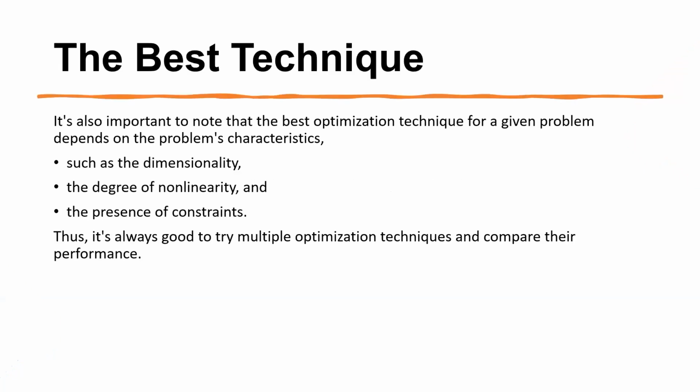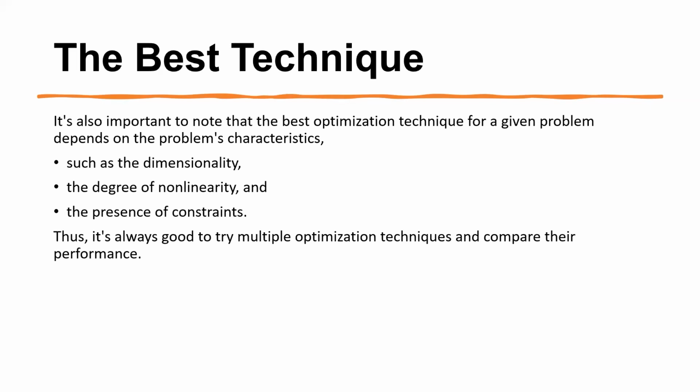So now that I have spoken so much about genetic algorithms and evolutionary algorithms, which is the best technique, or which is the best genetic algorithm? It is important to note that the best optimization technique for a given problem depends on the problem's characteristics. So how well you understand the problem, how well you define the objective function of an optimization problem, and how well you categorize where this problem falls.